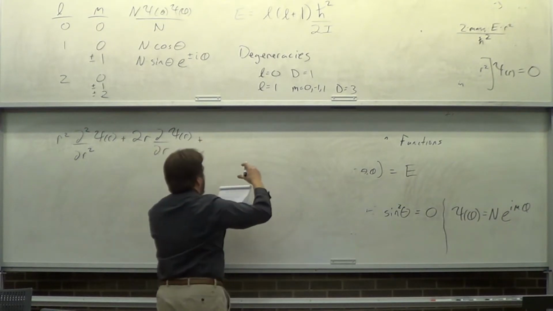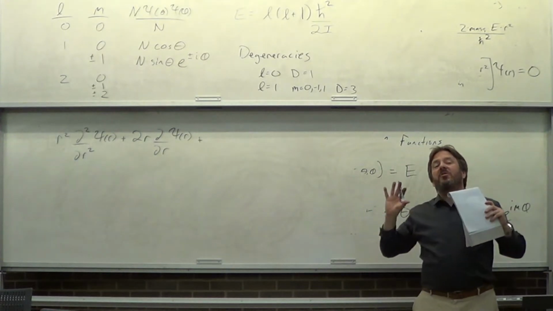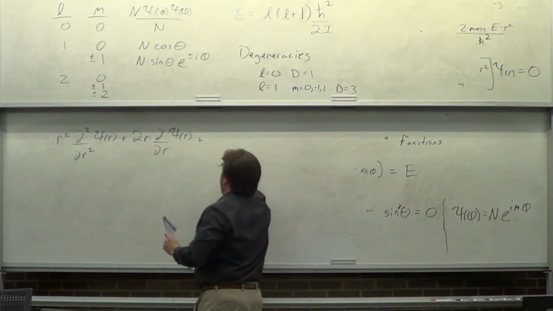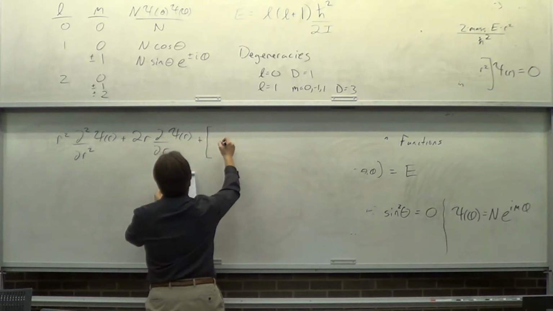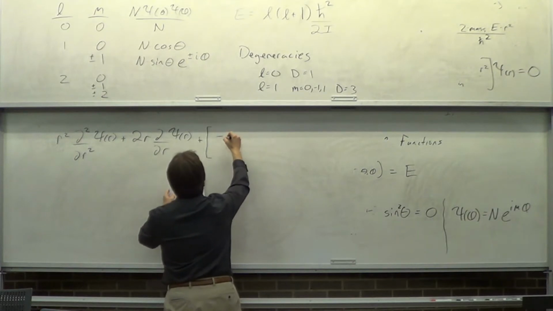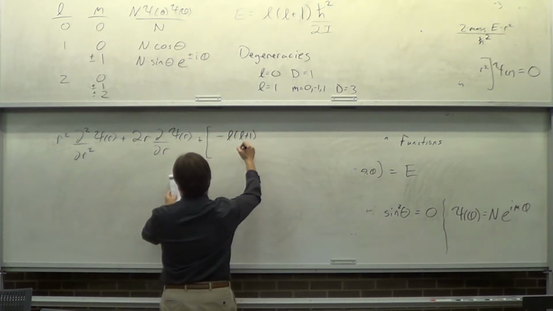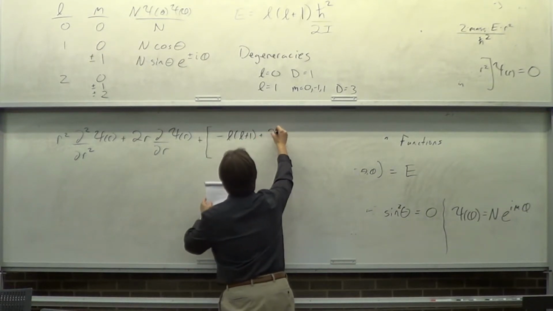Now again, here's the angle parts, but I'm assuming I know them from all this up here, so I'm just going to plug in plus a constant. The constant is minus L times L plus 1. And now let's do the energy part.